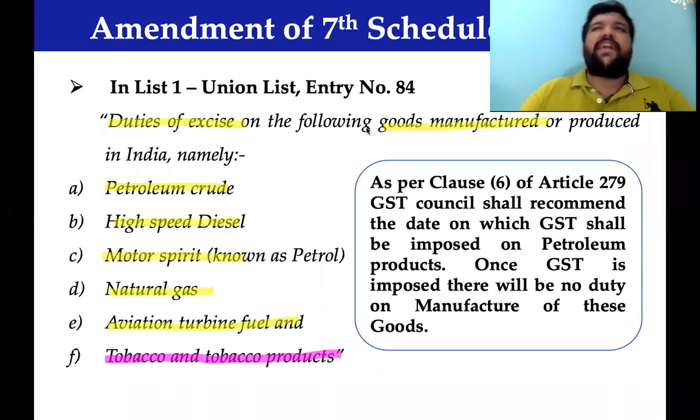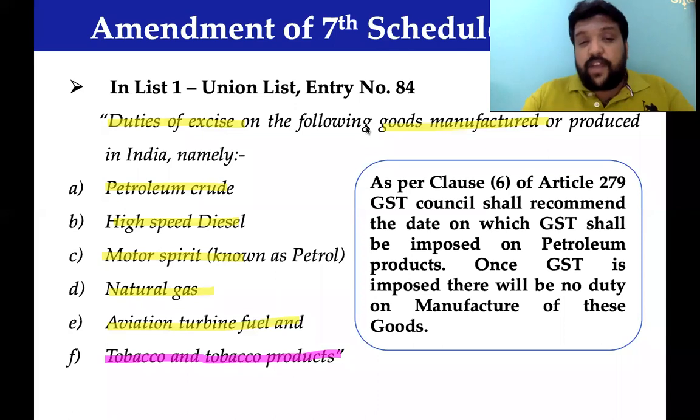Now, why is it like this, sir? I think I've already told. If you manufacture a laptop today, you are liable to pay GST. If you manufacture a mobile phone, you are liable to pay GST. If you manufacture a pen, pencil, box, any material, you are liable to pay GST.